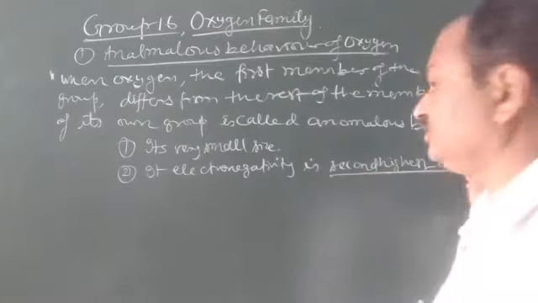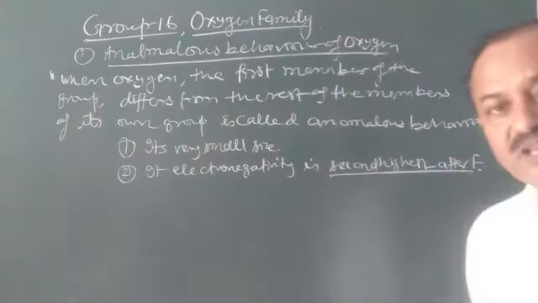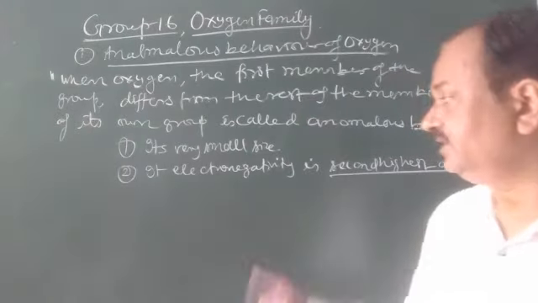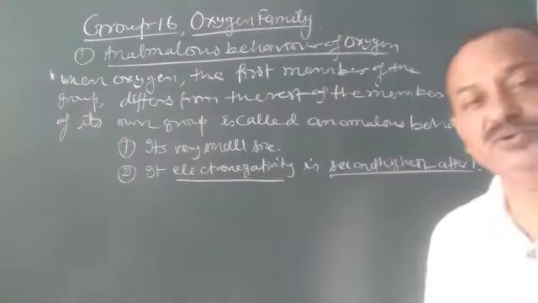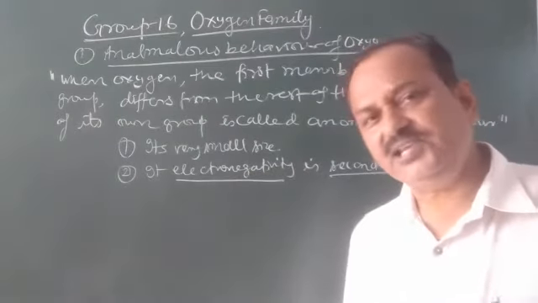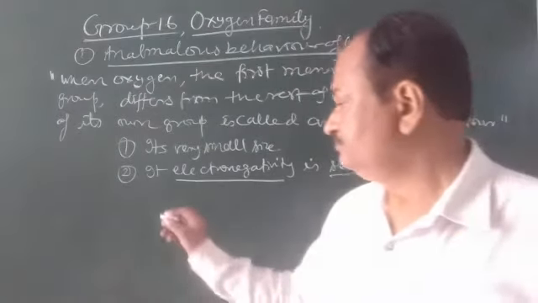This is a very important point, that it ranks second in terms of electronegativity, meaning the tendency to gain electrons and become stable, like the formation of oxide ions. So this is the second point.